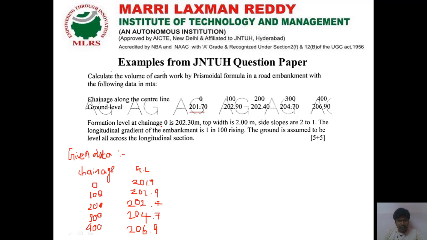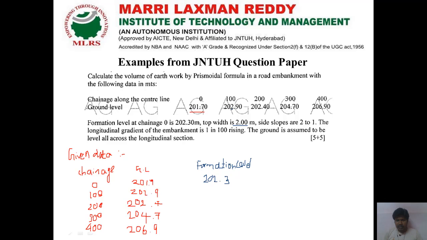Next they have given the formation level at chainage. So we have to give the formation level. So formation level at 0 meter chainage is 202.3 meters.